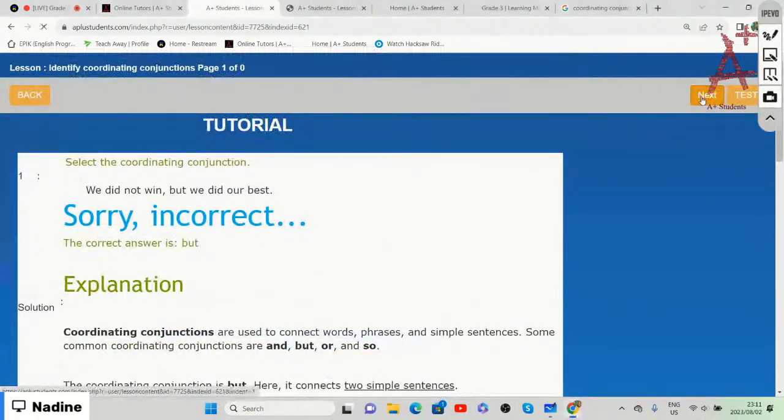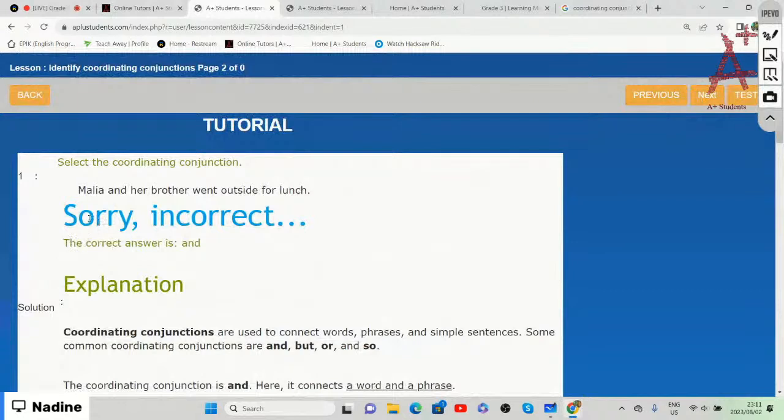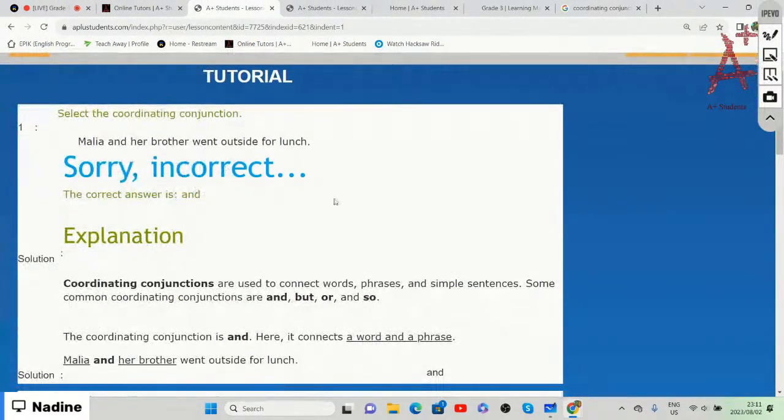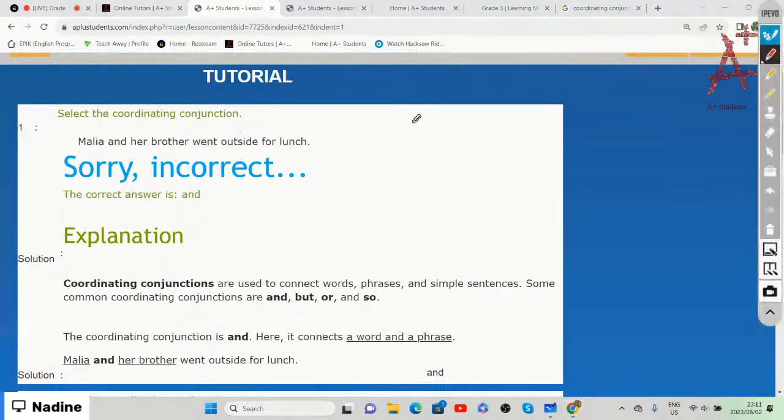All right, we're going to go to the next one. Malia and her brother went outside for lunch. We need to select the coordinating conjunction within the sentence.